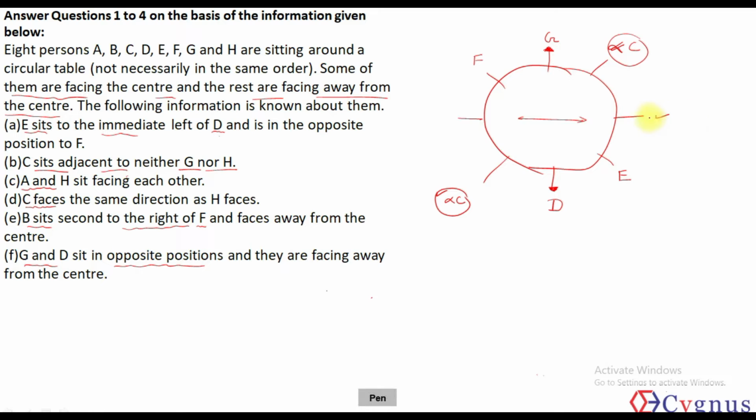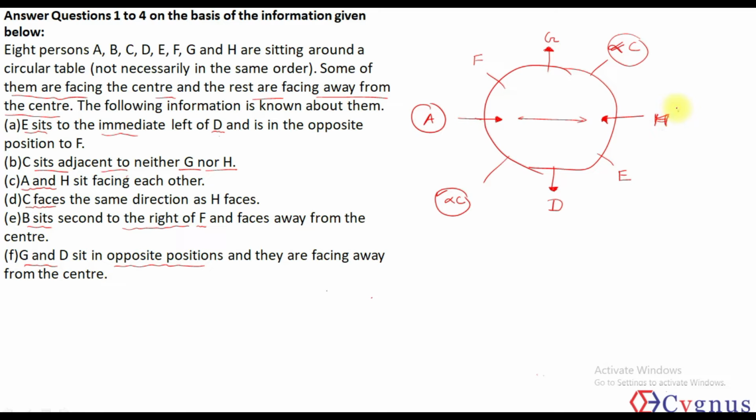Let's interchange their places. I'll put H here and A here. A and H sit facing each other, so they're facing towards each other. That means they are looking towards the center. So I'm sure about the seating position of how many people?